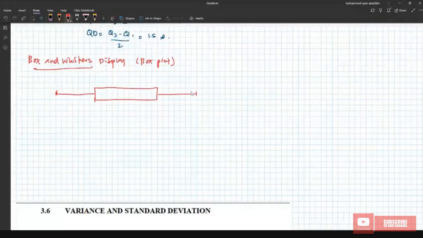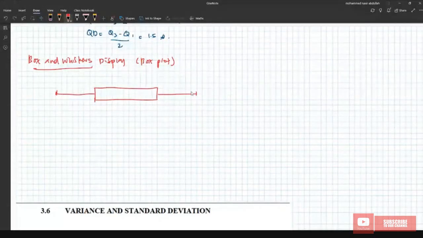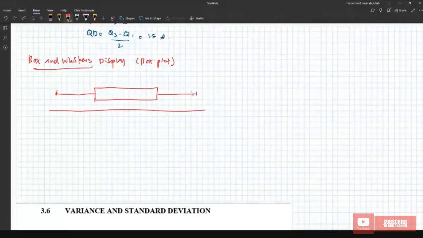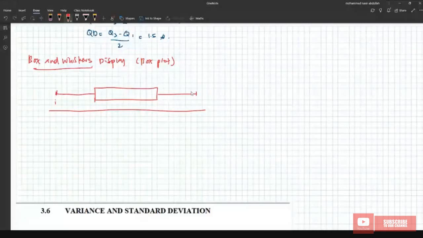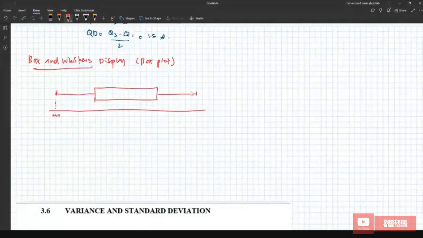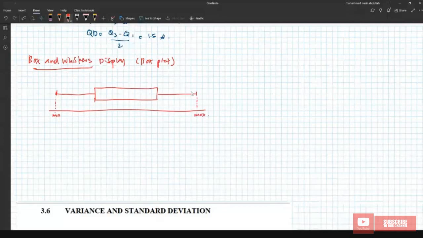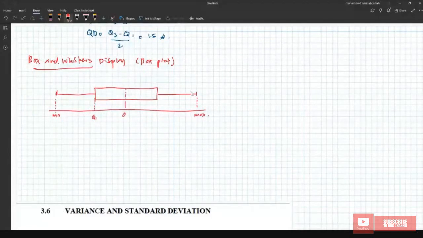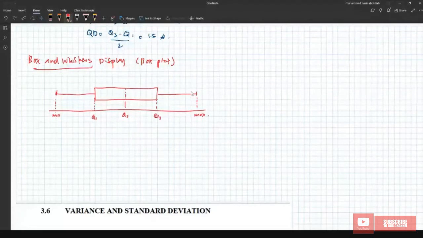The values involved in the box and whisker display are: this is the minimum value, this is the maximum value, this is quartile number 1, this is quartile number 2, and this is quartile number 3, right?